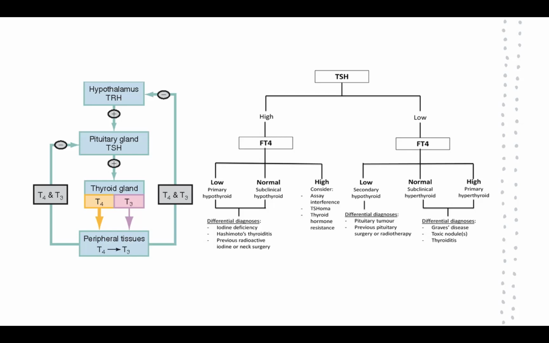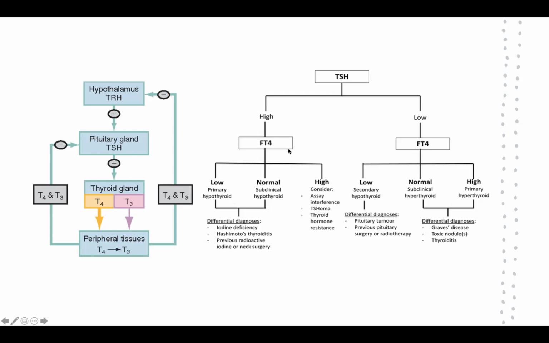If there are antibodies against that, then it does make sense why there's going to be a hypothyroid syndrome. Previous radioactive iodine or neck surgery can also be a cause. Another one that's also worth mentioning is euthyroid sick syndrome, where a systemic illness or major surgeries can impair function. But for this one, it would more likely be a low TSH, which is what we've seen.